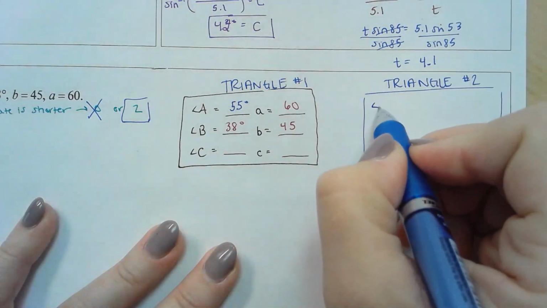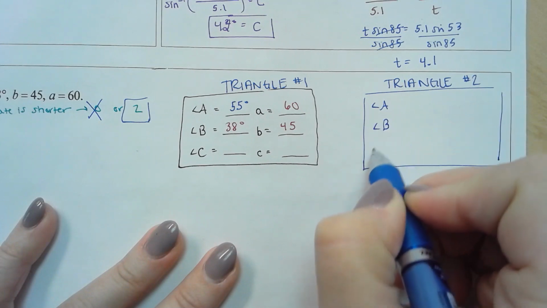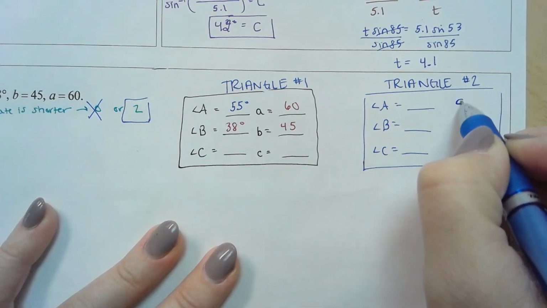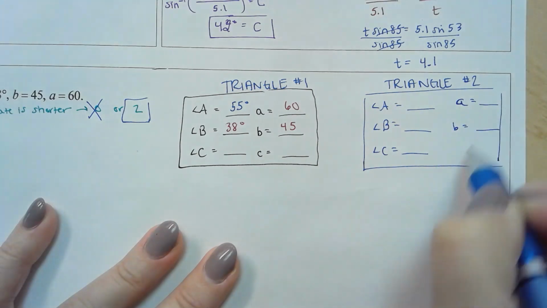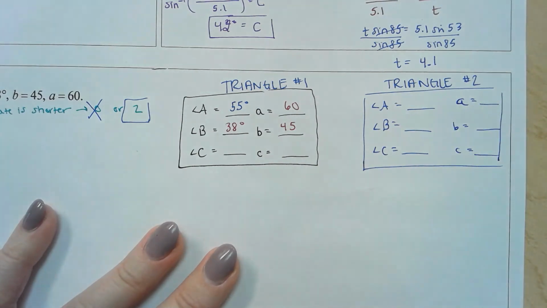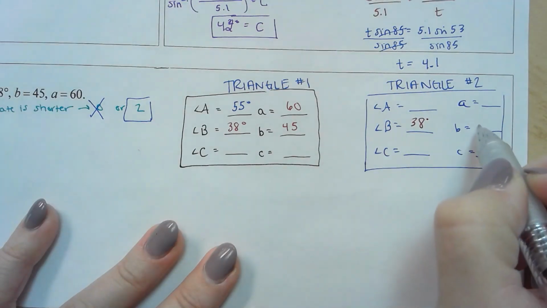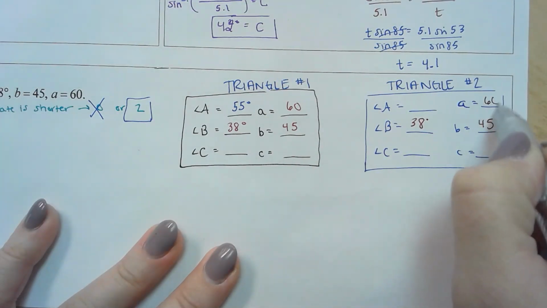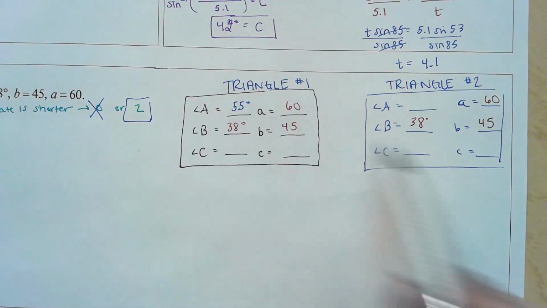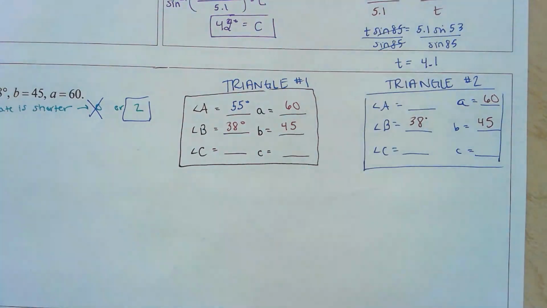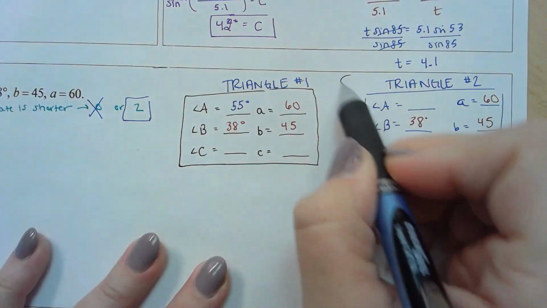We're going to put in the same thing: angle A, angle B, angle C, side A, side B, side C. Now I don't want to forget that we know for sure angle B and side B and side A, right? So in both boxes that information has to stay the same. We know we have two triangles, so I'm setting up both of my answers here. These are two different answers.